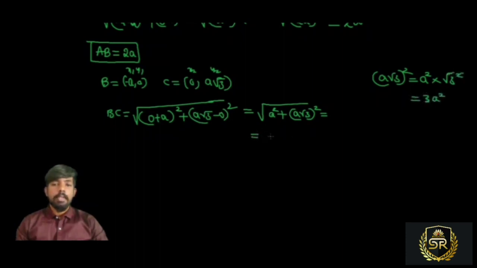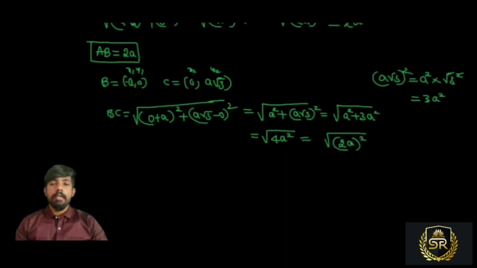So root over a square plus 3a square, which is 4a square. 1 unit plus 3 units add up to 4 units, right? 4a square can be written as 2a whole square, the square root cancels. So BC is equal to 2a distance. BC is also 2a distance.